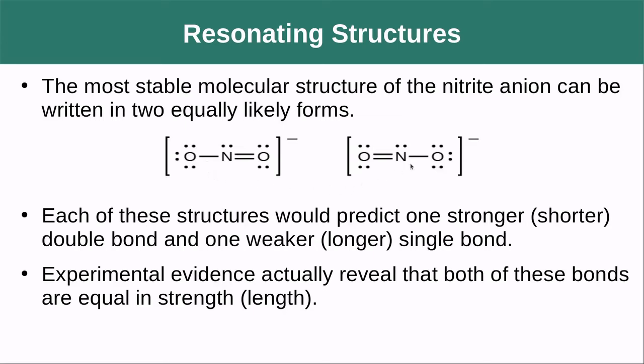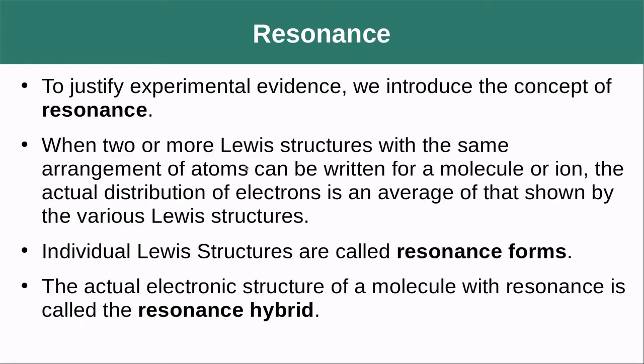But in actuality, that's not really true. If we measured this bond and this bond, they're the same length, and they're roughly equal to a bond order of 1.5. So what exactly is happening here? To justify this, we're going to introduce the concept of resonance.